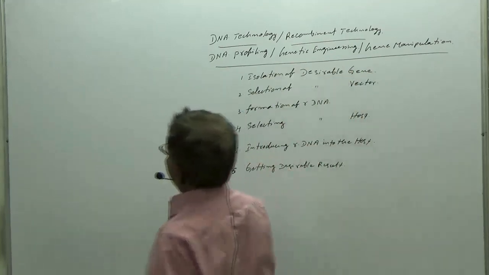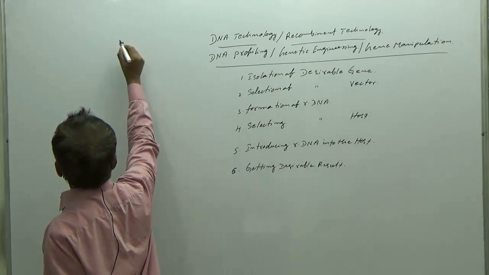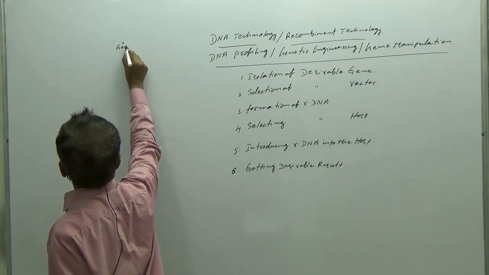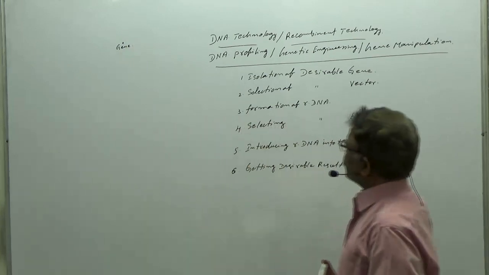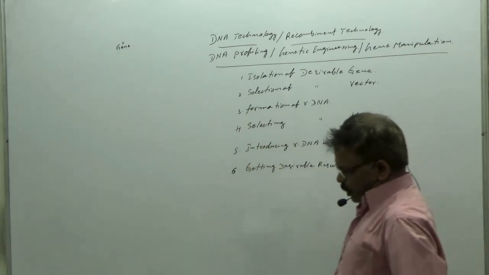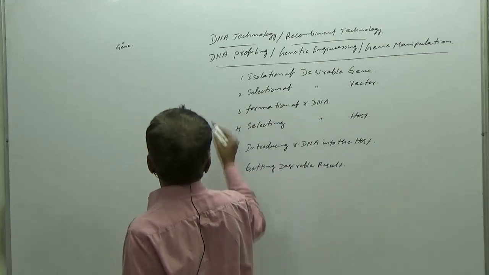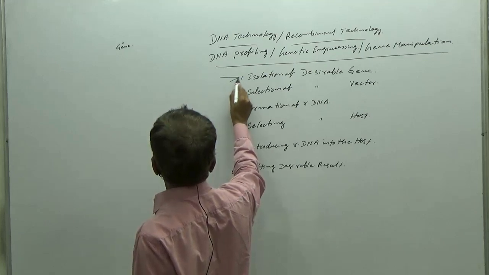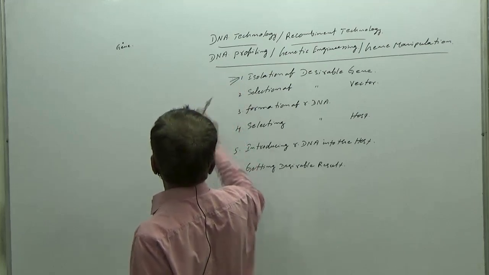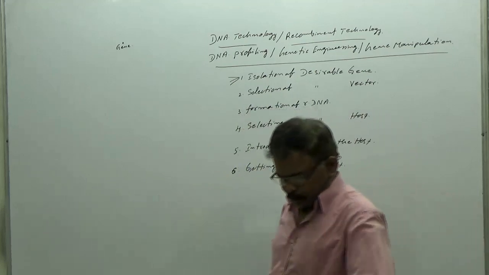First, they extract a specific gene. How to extract the gene? To extract the gene, a number of methods are there. First they collect some tissue.